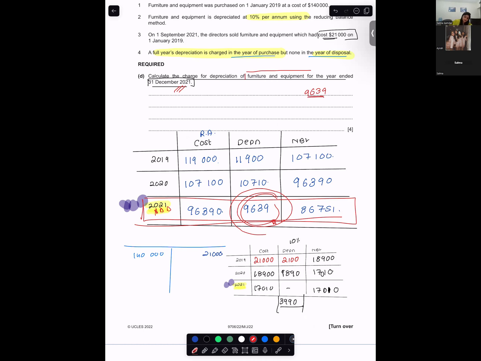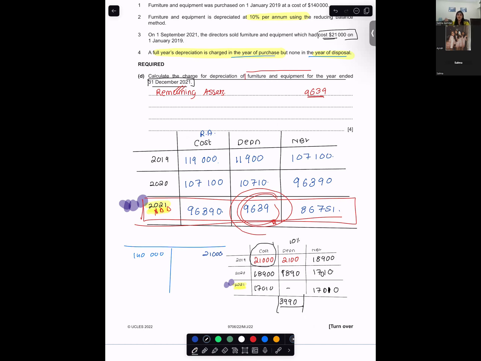Okay. So, Miss, why did we have to calculate the rest of the assets' value? Why couldn't we just make the asset account, take the balance, and then find the cost? See, darling, in the current year you have sold the asset whose cost is 21,000.